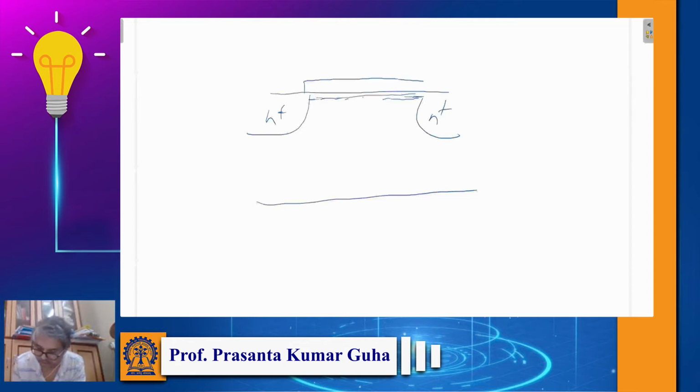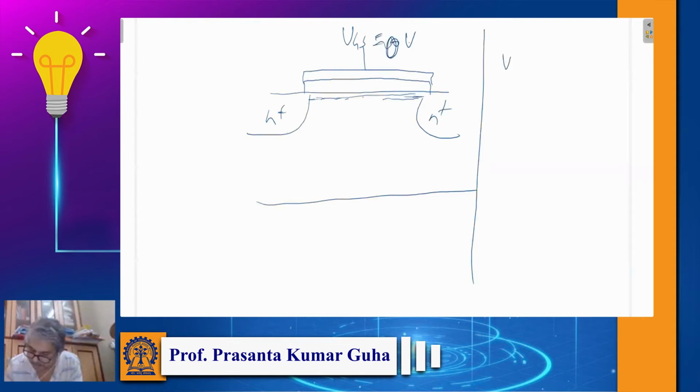So in this particular type of N channel MOSFET, the channel is already there even if VGS equal to 0 volt. So what you have to do, you have to apply a negative VGS voltage to remove the channel.